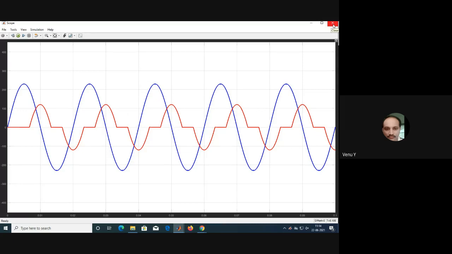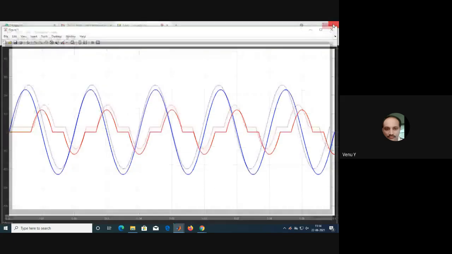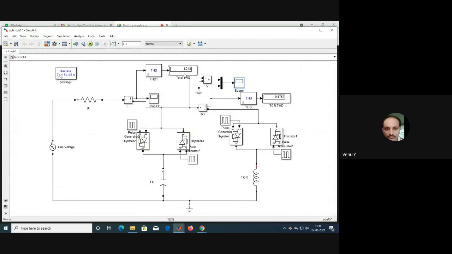Okay, this is the TCR current waveform, and THD content is 47.52%. And this is the total current.